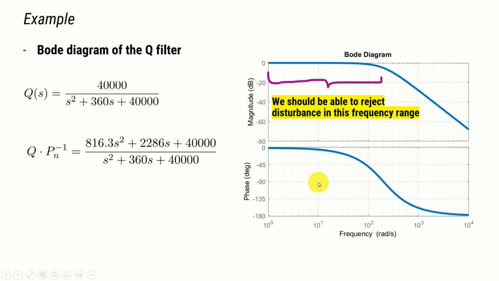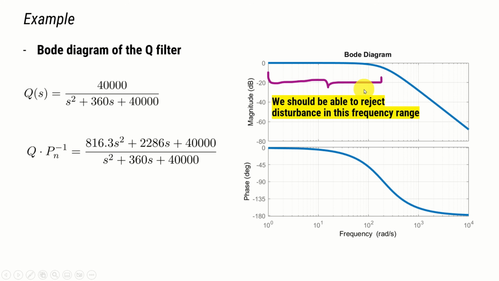Okay, let's analyze our Q filter. So here's the Q filter, and notice what I did over here. I deliberately pushed the bandwidth of the Q filter to the right. This is a very important requirement, since I want to increase the frequency range that we can suppress by our disturbance observer.